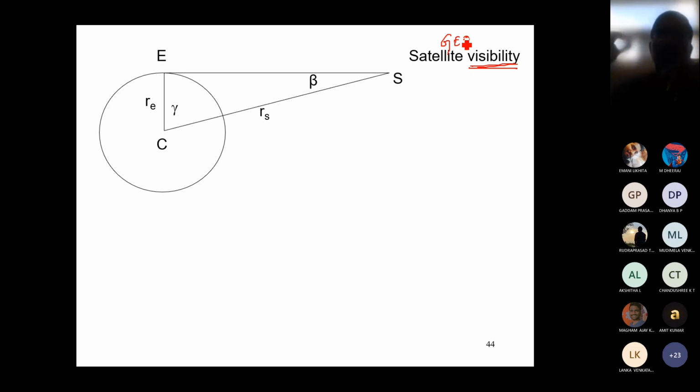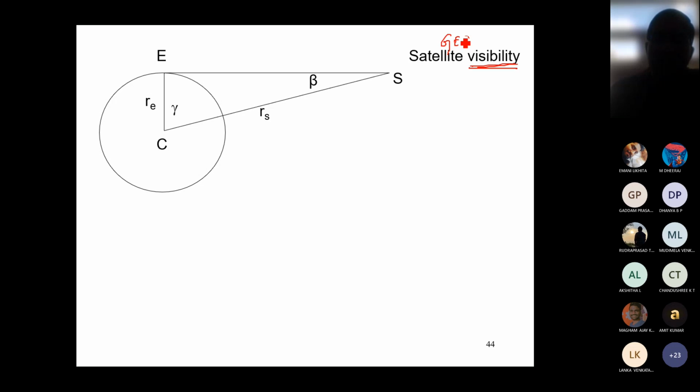That means for a particular reference point on the surface of the Earth, the satellite will be visible throughout the year, throughout the duration the satellite is active, or throughout the lifetime of the satellite. Getting the point?